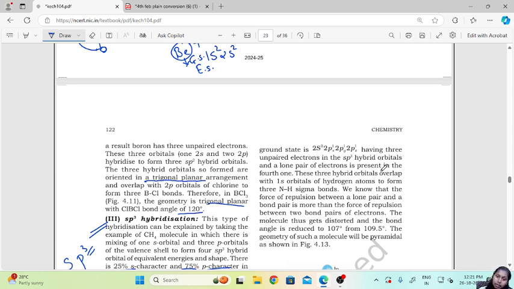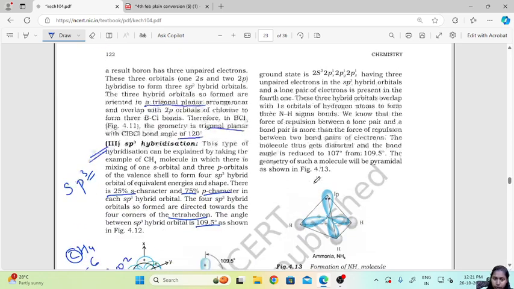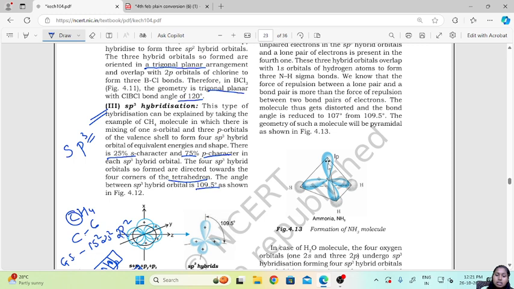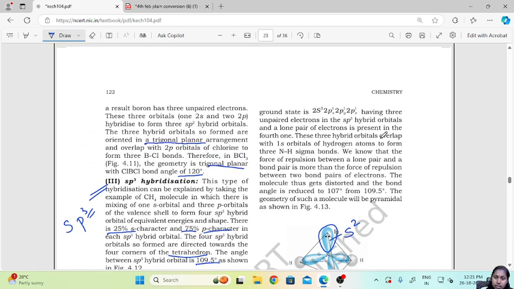These three hybrid orbitals overlap with the 1s orbitals of hydrogen atoms to form the N-H sigma bonds, while the other one holds the lone pair.